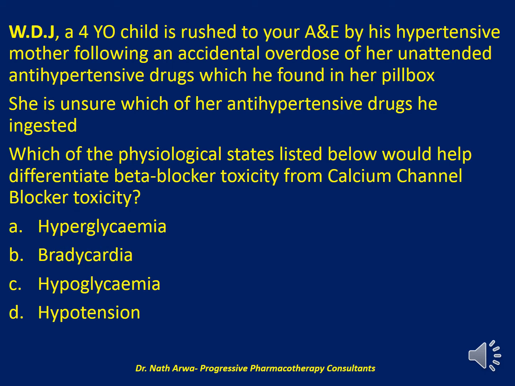She is unsure which of her antihypertensive drugs the young fellow ingested. So my question to you is, which of the physiological states listed below would help differentiate beta blocker toxicity from calcium channel blocker toxicity? Would it be hyperglycemia, bradycardia, hypoglycemia, or would it be hypotension? I'll give you 10 seconds to choose the correct answer.